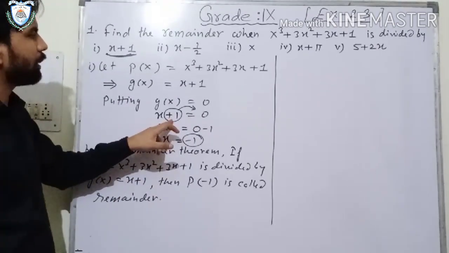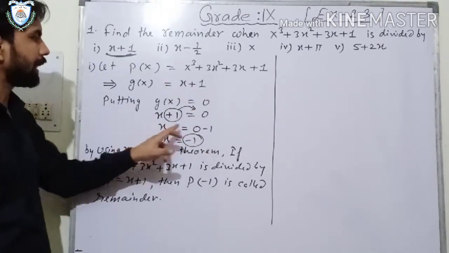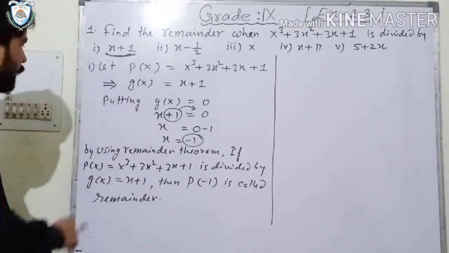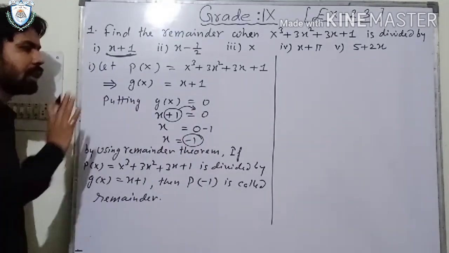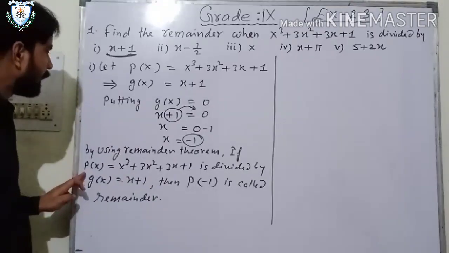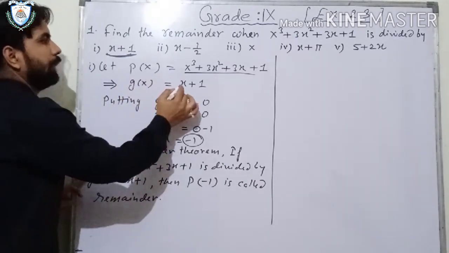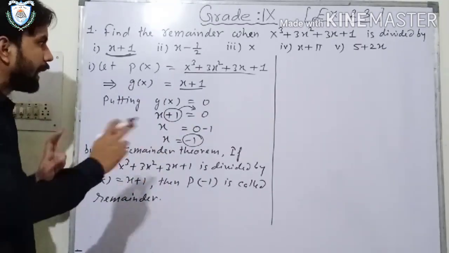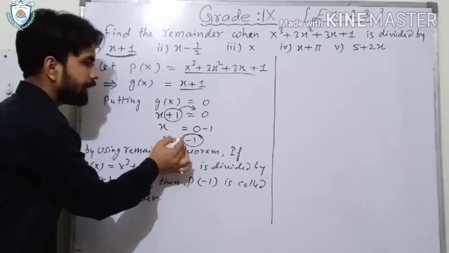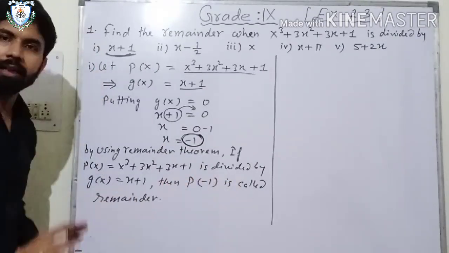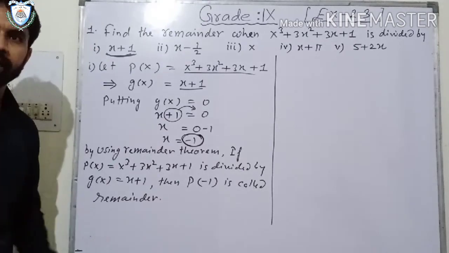Now we shift this plus 1 to the right hand side, so we get x equals 0 minus 1, so x equals minus 1. Now we write: by using remainder theorem, if p of x is divided by g of x equals x plus 1, then p of this value of x, so p of minus 1, is called the remainder. This is known as the remainder theorem.